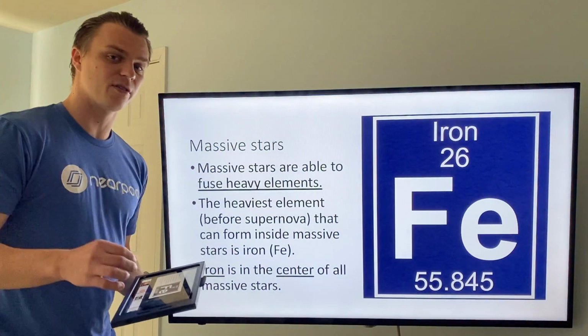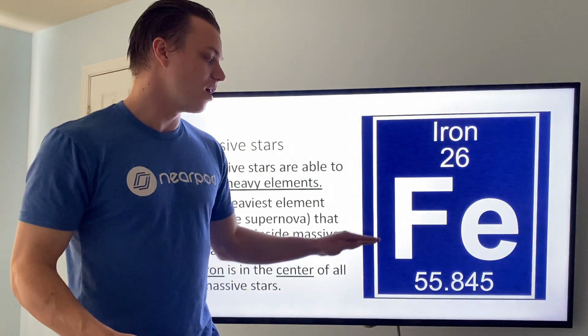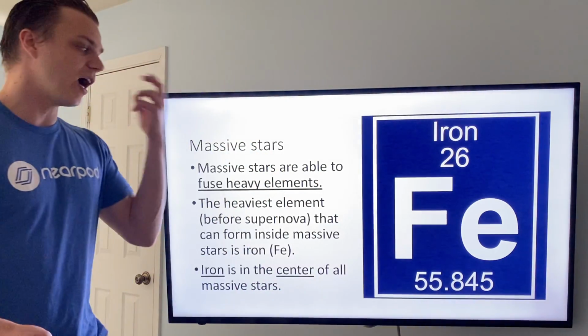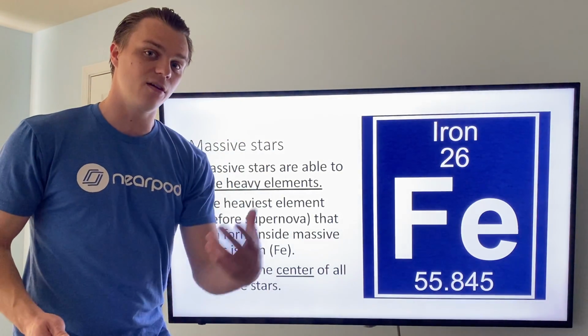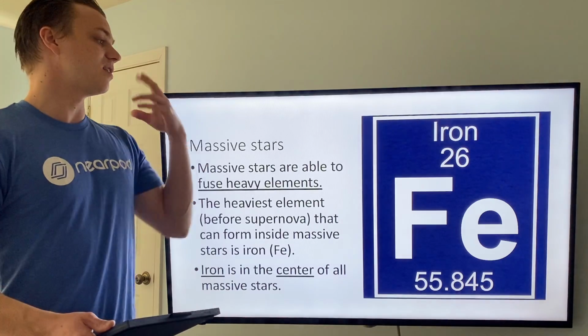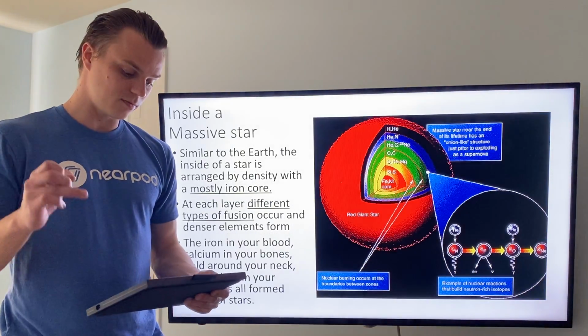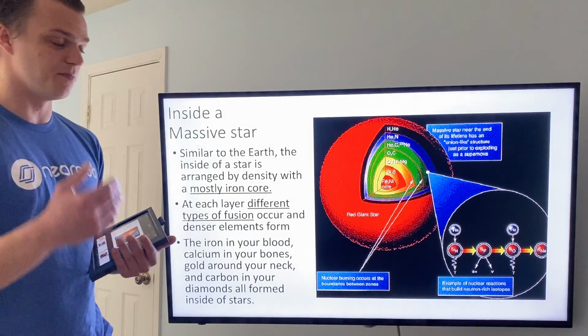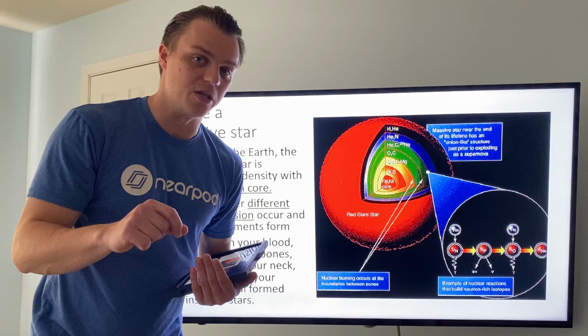So what's at the center of massive stars? The most stable element, which is iron. Fe stands for iron. Iron is the most stable element. So when a massive star enters the final phase of its life, the center of its core is iron, all right? What does a massive star look like? A massive star is kind of like an onion, right?